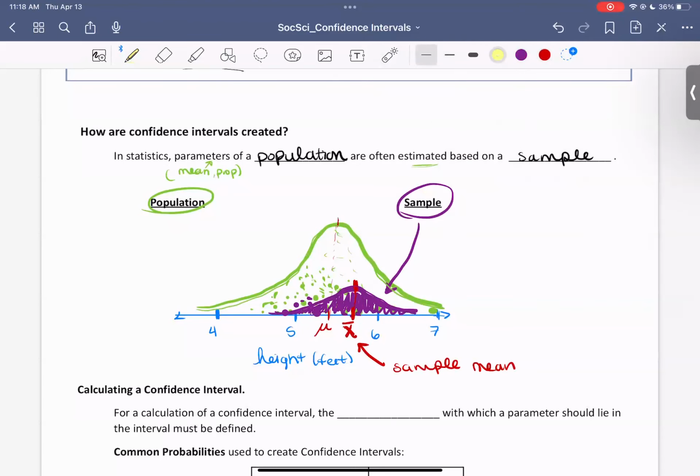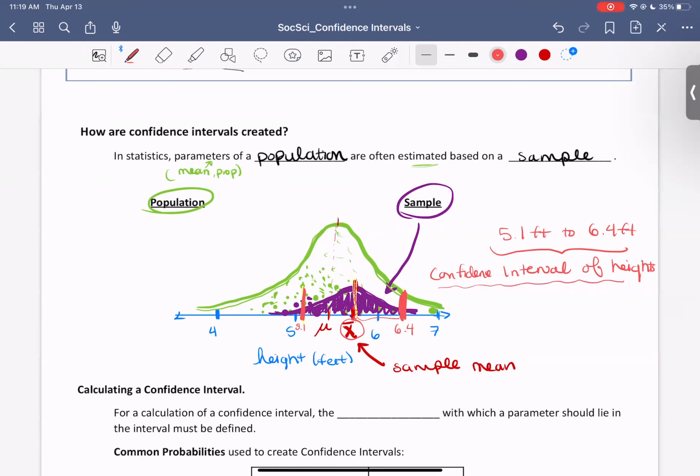So from 5.1 feet to 6.4 feet, this is an example of an interval of heights. And we'll see specifically how to find a confidence interval of heights or of data from a sample.